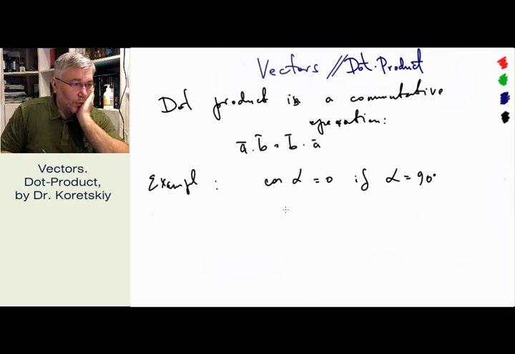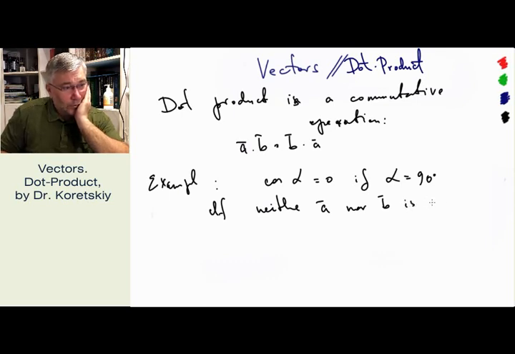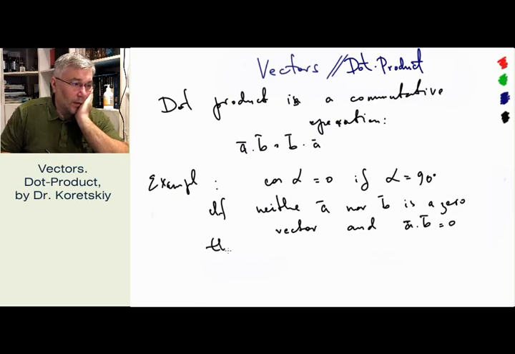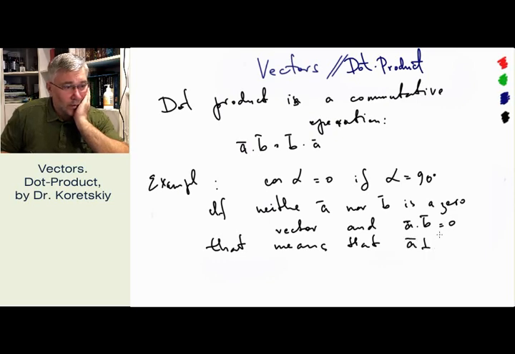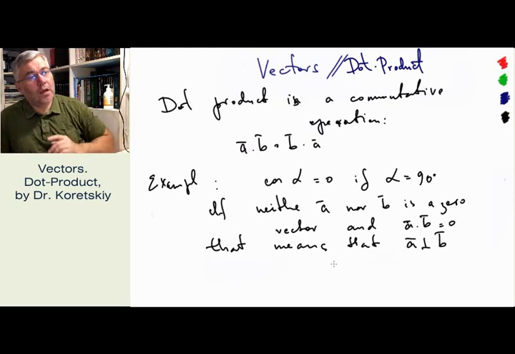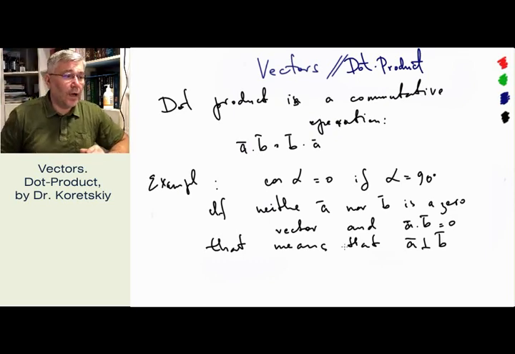So it means that if neither A nor B is a zero vector, and A dot B equals 0, that means that A is perpendicular to the vector B. So sometimes you can be asked to check whether vector A is perpendicular to vector B or not.